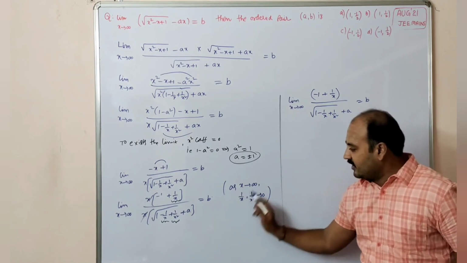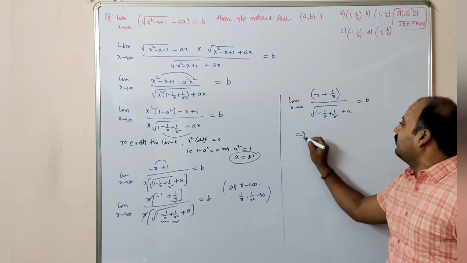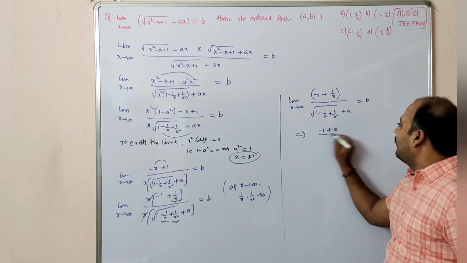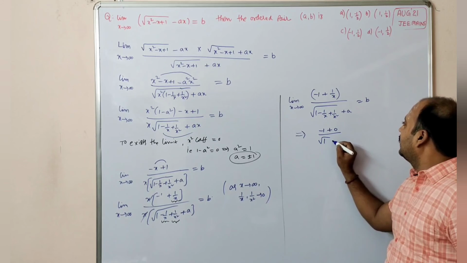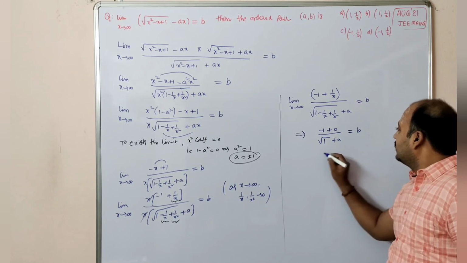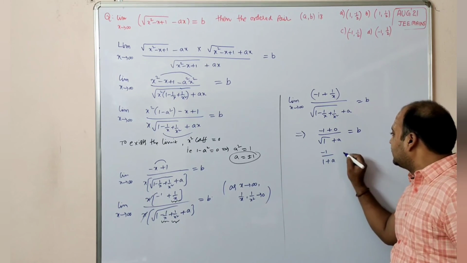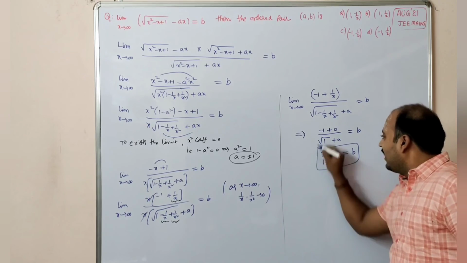Now 1 by x and 1 by x square turn to 0. It becomes minus 1 plus 0 by root 1 plus a is equal to b. So minus 1 by 1 plus a is equal to b. So the b value we got.